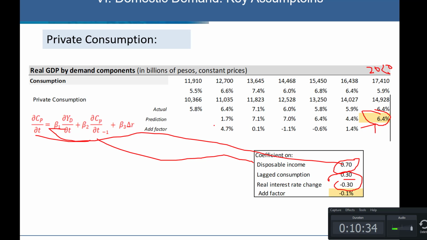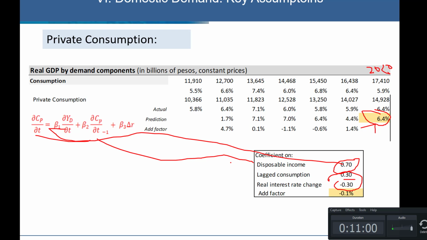This says that if we have, let's say, a 100 basis point increase in the real interest rate, households will cut back on their consumption not by 1%, but by a third of a percent, 0.3 of a percent. And that's our assumption.